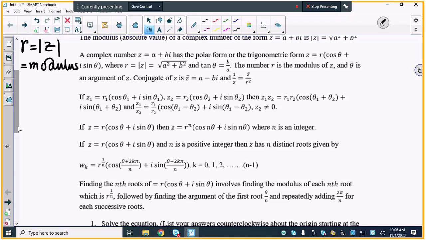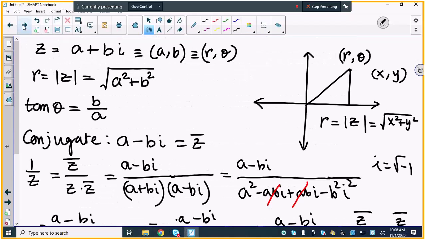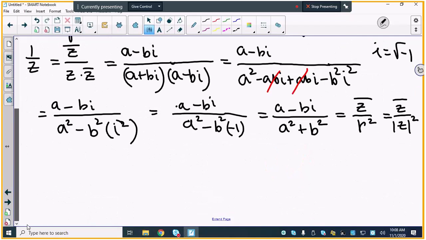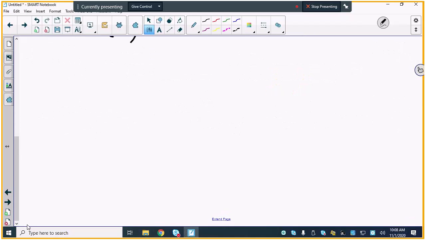So again, I would like this opportunity to explain what we are doing in the multiplication and division of two complex numbers. Let's think about the formulas, and we're going to establish these formulas ourselves using our trigonometric skills.